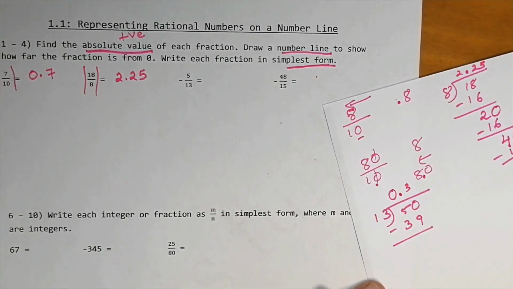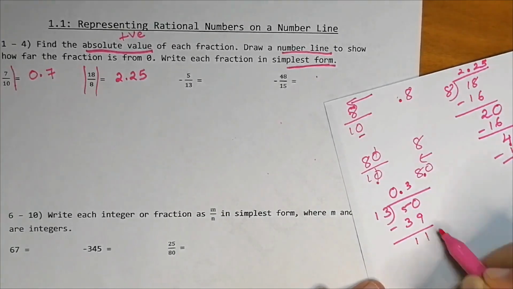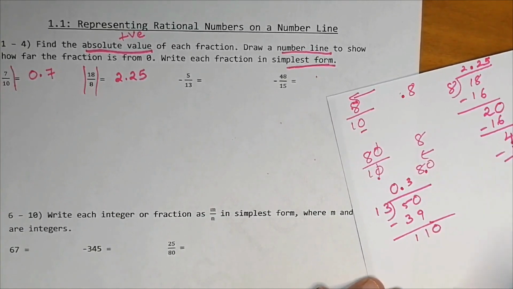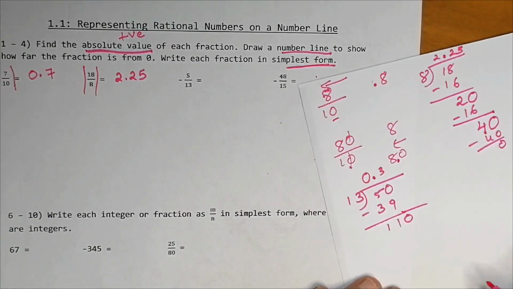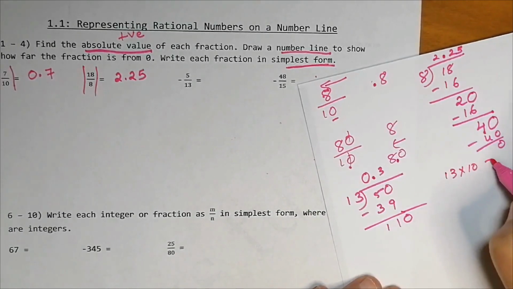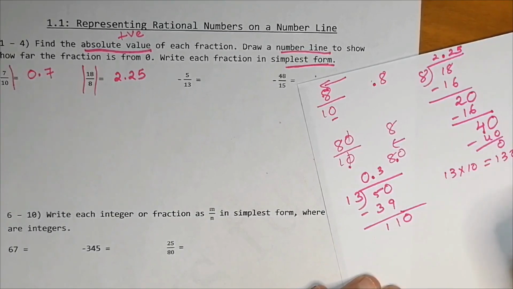Okay, so next one is this 11, and then you put 0 here. Now, how do you solve this further unless you know the times table, right? The other way, you can use some smart tricks. 13 times 10 is 130, right? And this is 110. So the difference is 20.